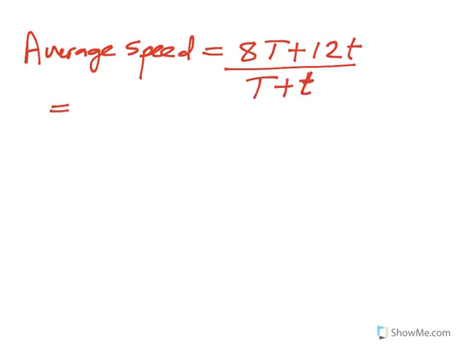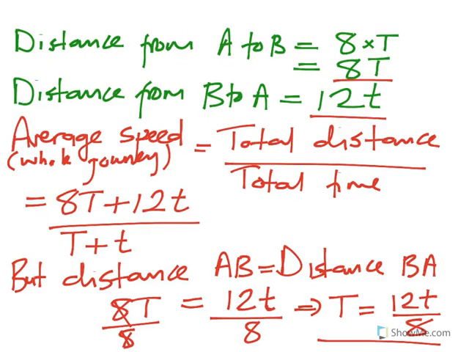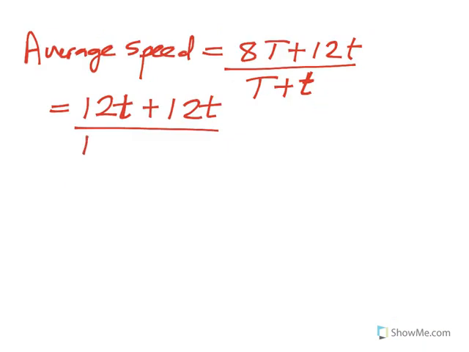The distance on top is the same, it's same as saying 12t plus 12t over, now the big T, as we simplify it, is 12t over 8, plus t.